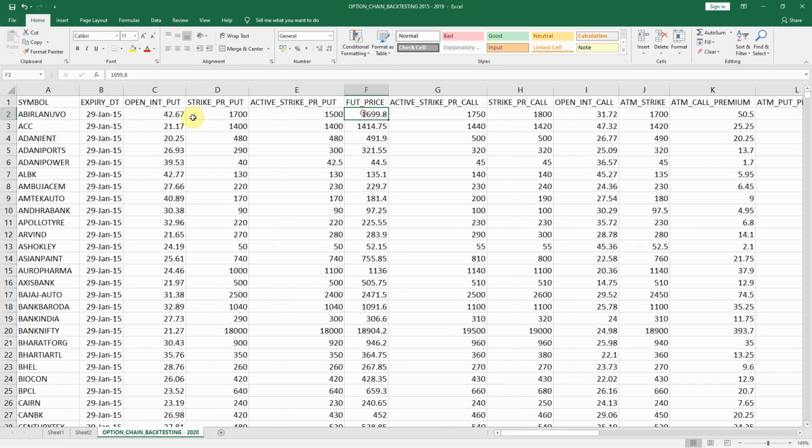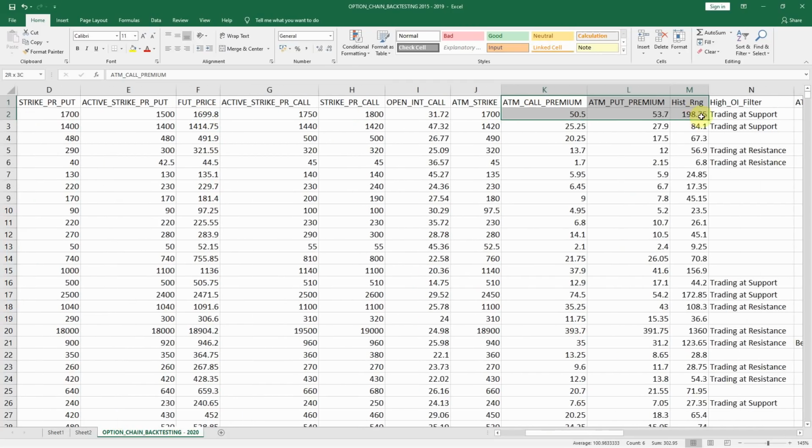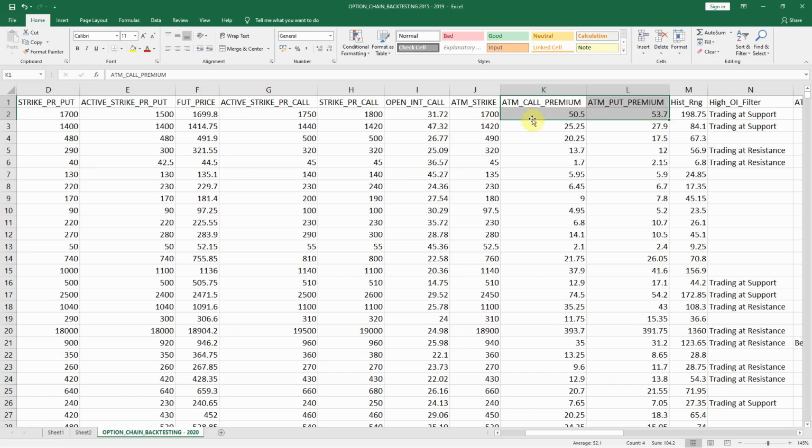The futures price on 1st Jan 2015 settled at 1699.8. If you look at the at-the-money 1,700 options, the call premium is 50 rupees and the put premium is 53, so the collective premium is 103 rupees.